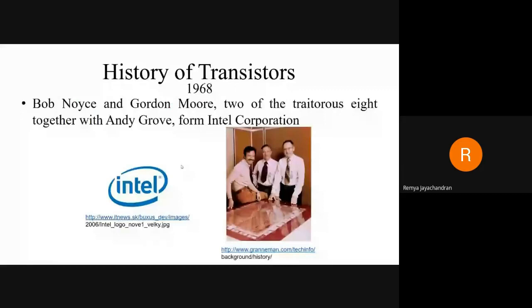And in 1968, Bob Noyce and Gordon Moore, together with Andy Grove, formed the Intel Corporation.